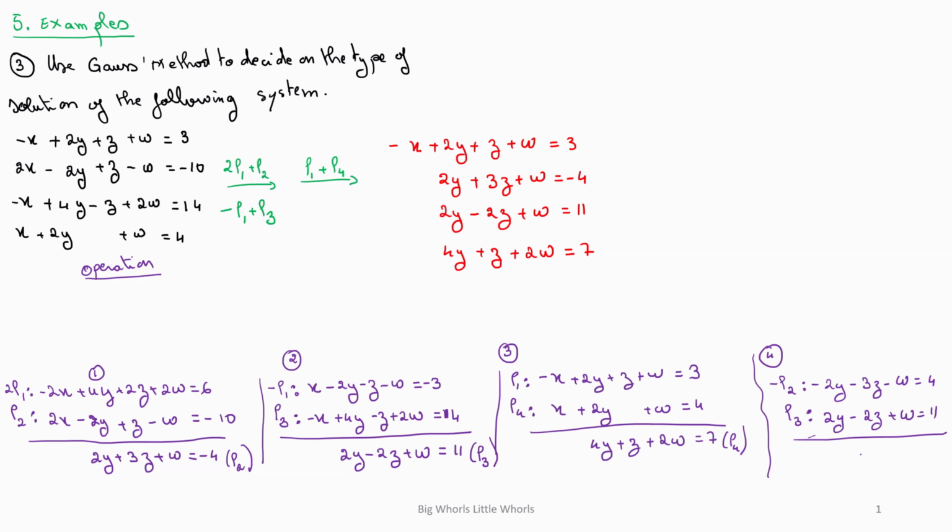So we have minus row 2 and row 3, so we have 0, we have minus 5z equals 15. Yes, minus 5z equals 15.